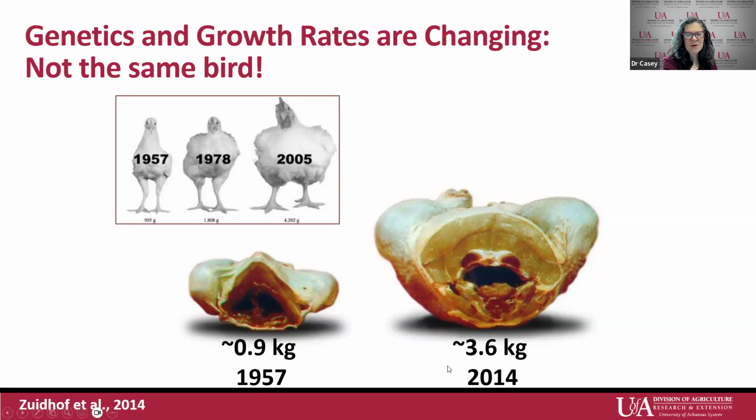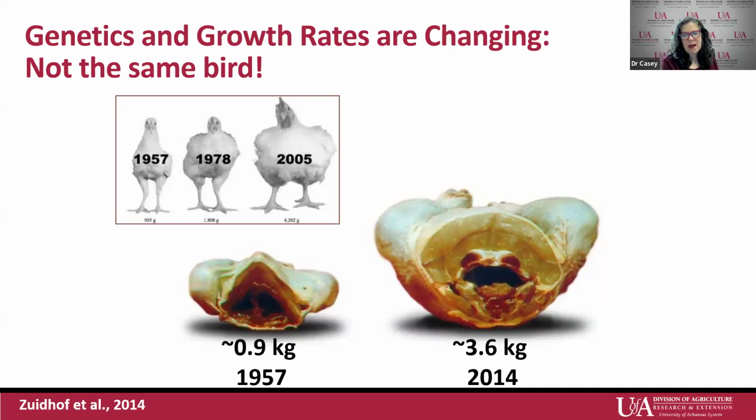Now, I don't think I have the average bird weight represented in this presentation, but in the U.S., that average bird weight has really doubled or more, a little bit more, over the last 40 to 50 years.